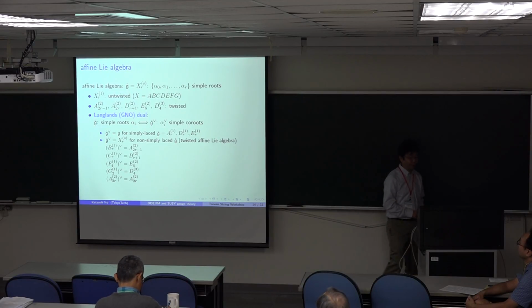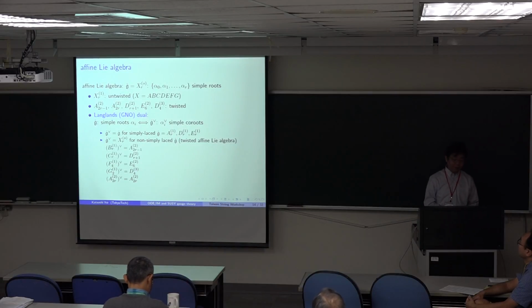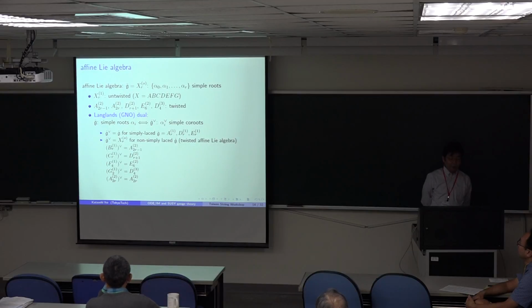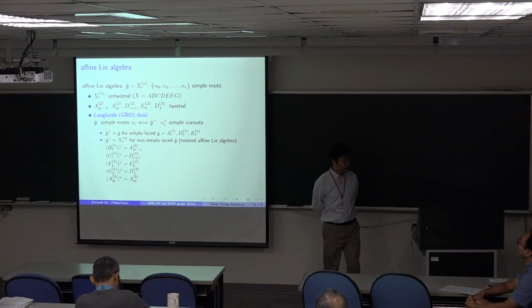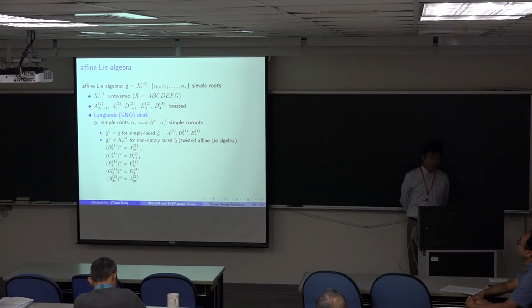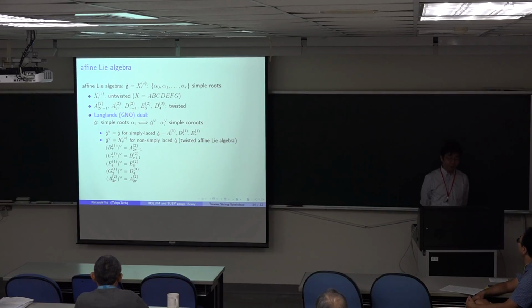I'm not sure I can explain this, but there are some interesting properties of affine algebra, some relation between the twisted and untwisted affine algebra. That is called the Langlands dual, or Goddard-Kent-Olive dual in physics.